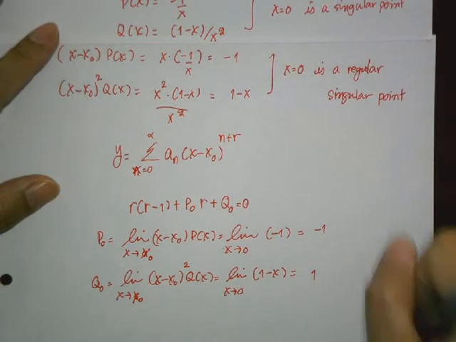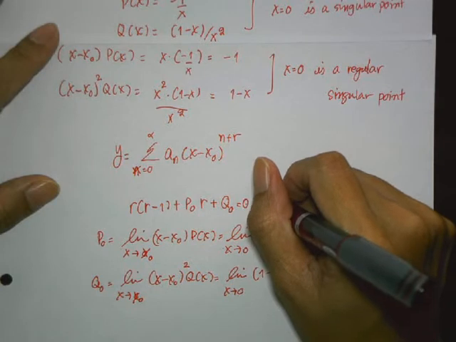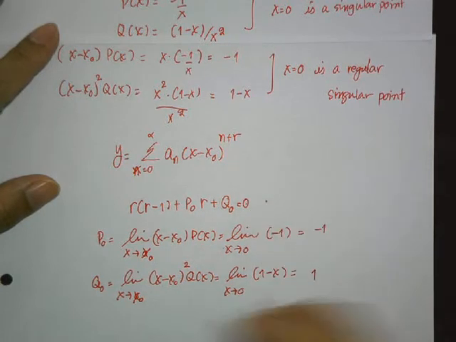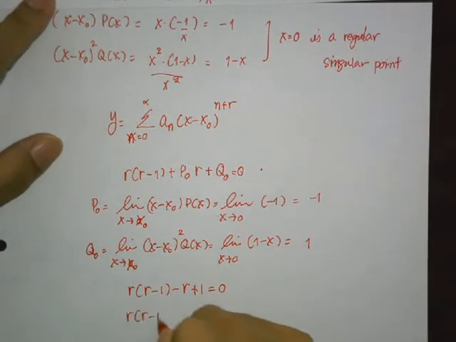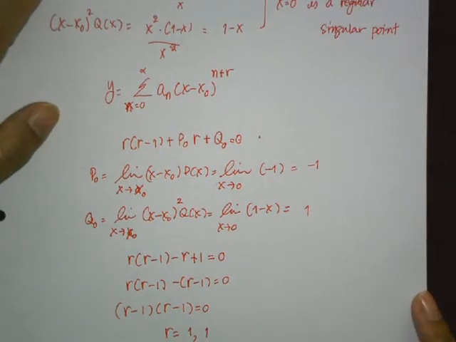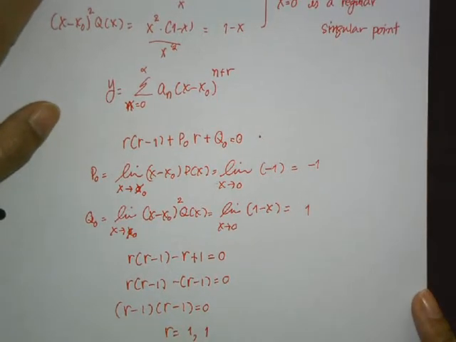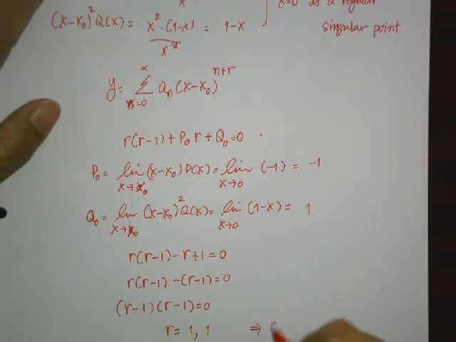Then we plug p0 and q0 back into our indicial equation. We would get r squared minus r minus r plus 1, so we get the value of r which is 1 and 1. That means the difference between r1 and r2 is equal to 0. It's case 2.